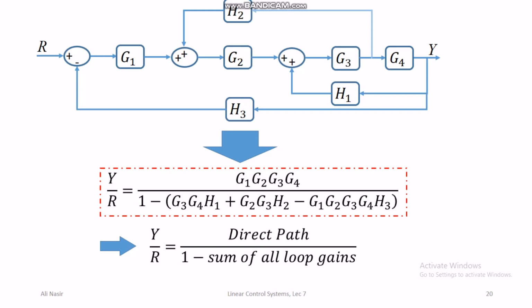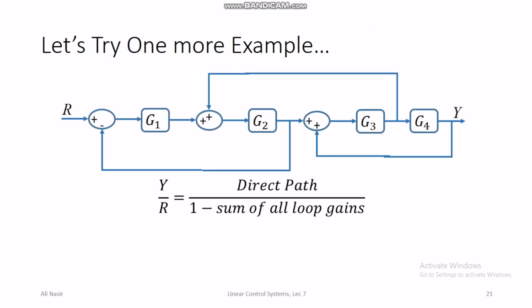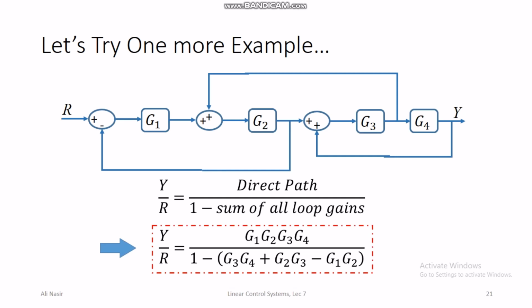So for example, if I give you a new block diagram and I apply this formula of direct path divided by 1 minus the sum of all loop gains, then the transfer function for this block diagram would be g1, g2, g3, g4, which is the direct path, divided by 1 minus g3, g4, which is one of the loops, g2, g3, which is another loop, and minus g1, g2, which is the third loop in the system.